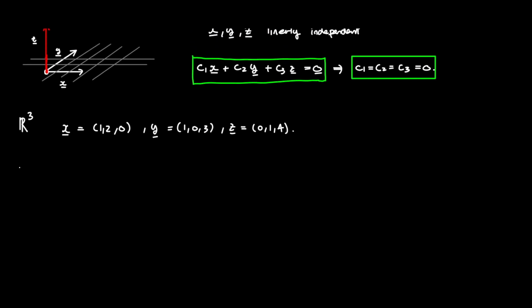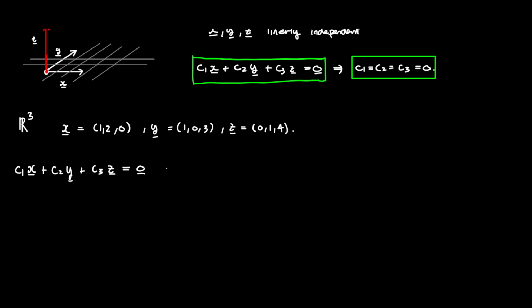So we take a general linear combination C1x plus C2y plus C3z, and we check that if this adds to 0. So we suppose that this adds to 0. And now we have to make the conclusion that all the constants C1, C2, and C3 are equal to 0.